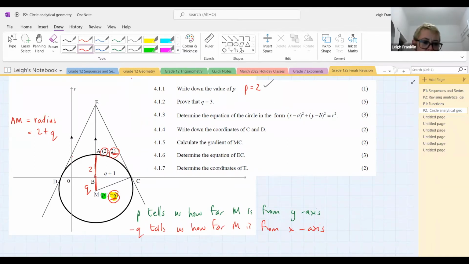Now that's important to us because AM equals what other line in the circle? Is there another radius in the circle? AM is a radius. Is there another radius?